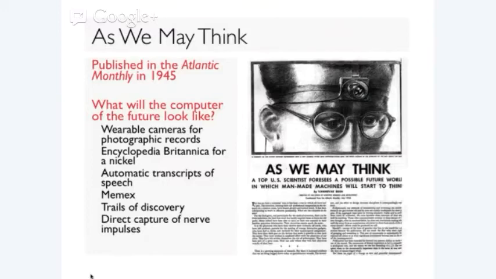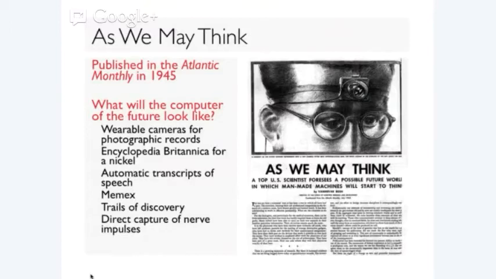So things he imagined were ubiquitous cameras that scientists use during experiments to record all of their observations. His particular embodiment was this camera you wore on your forehead. That didn't come to pass, but certainly we're using billions and billions of images today.